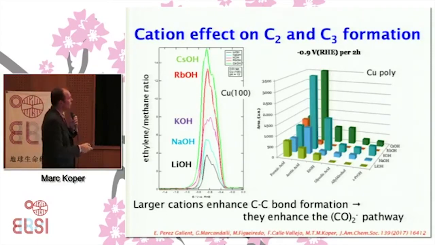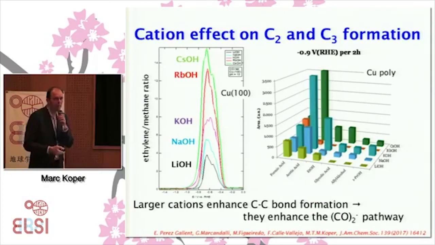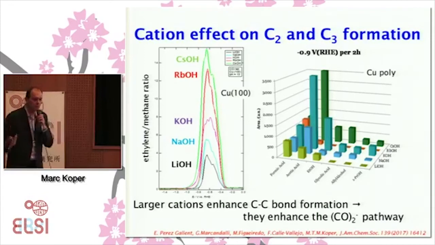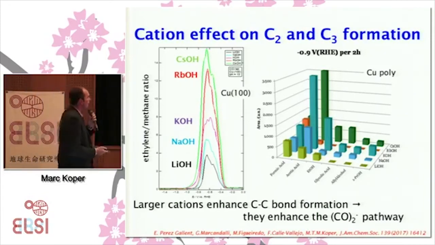And this was actually already observed by Hori many years ago, that the selectivity to ethylene is very, very sensitive to the nature of the cation in the electrolyte, and we find that we see an enhancement in the formation of ethylene when we do this in cesium hydroxide, whereas in lithium hydroxide we see much less ethylene formation. And interestingly, in cesium hydroxide we also start seeing C3 products.